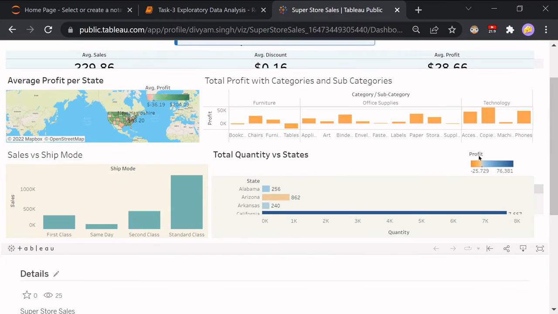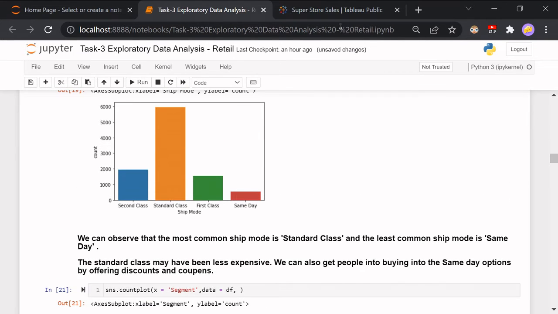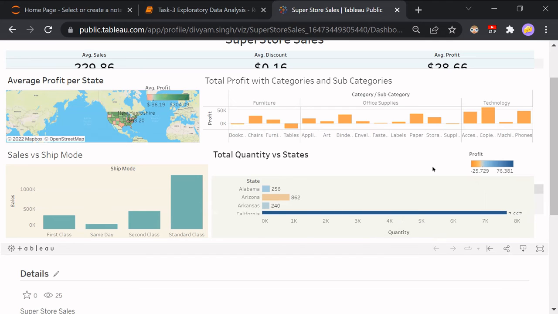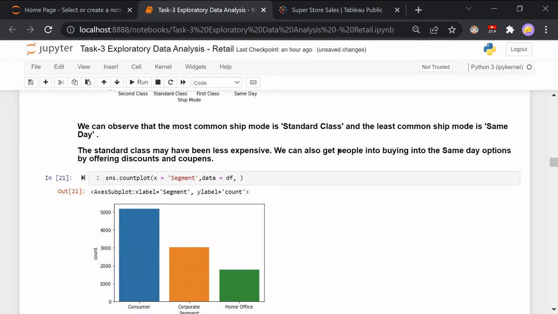Okay, these are the copiers, and as you can see, the copiers are giving very nice profit. What we can do is that the item which is sold less should have a good quality so that its price can be increased.